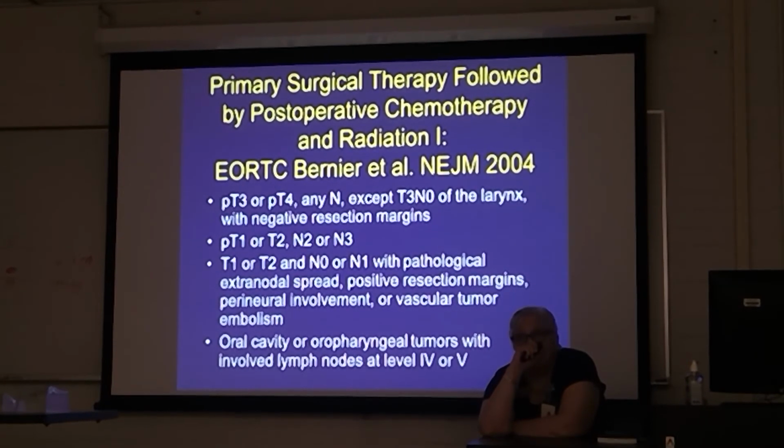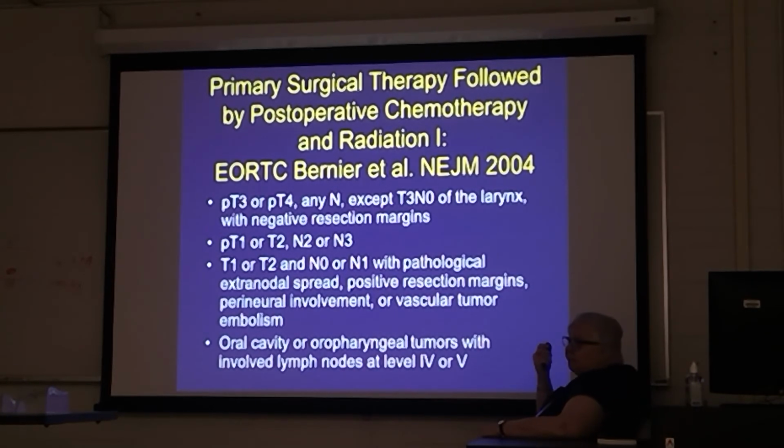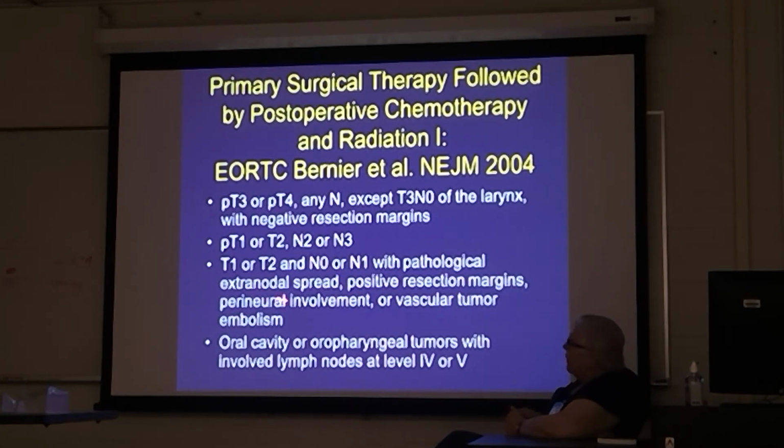To the nearby tissues, bone, lymph vessels maybe? Lymph vessels? No, if it was lymph, then you'd have an N1. Anything outside of the lymph nodes. Anything that says lymph would be N1 or N2 or N3.